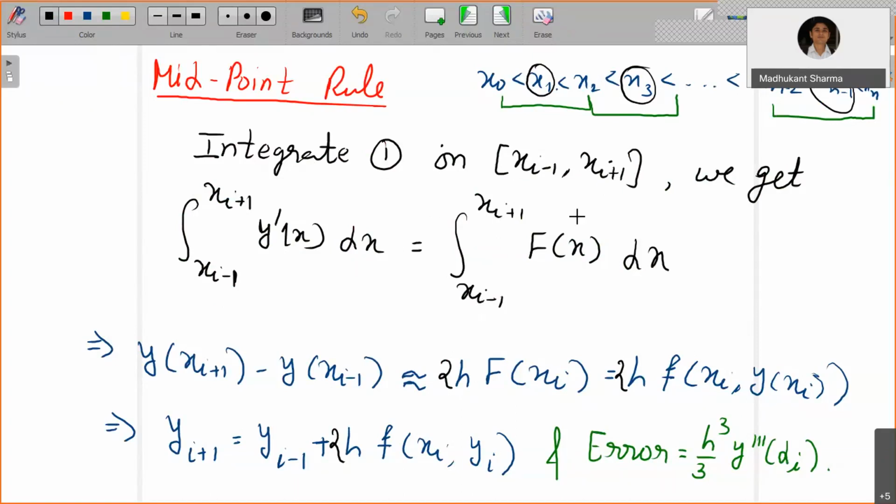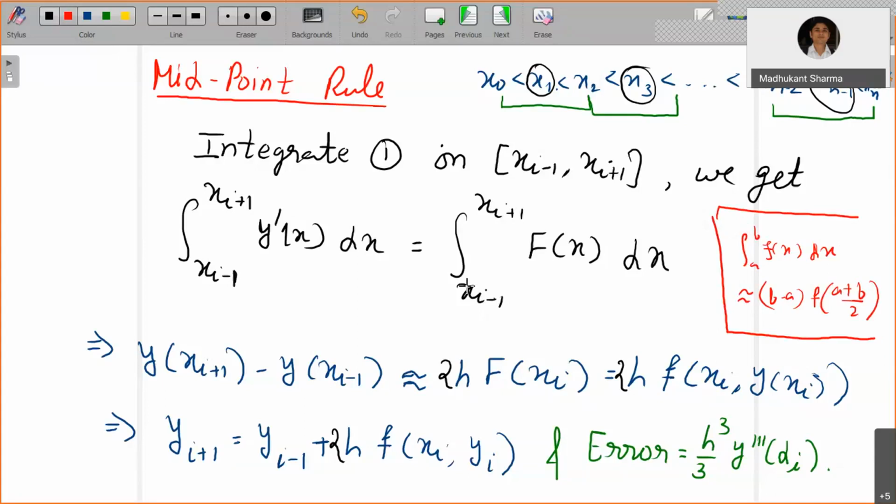If you recall, what was the formula for the integration? The integral from a to b of f of x dx is approximated by b minus a times f of (a plus b) by 2.